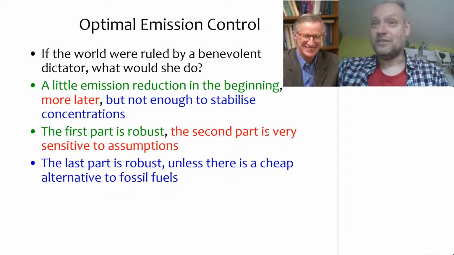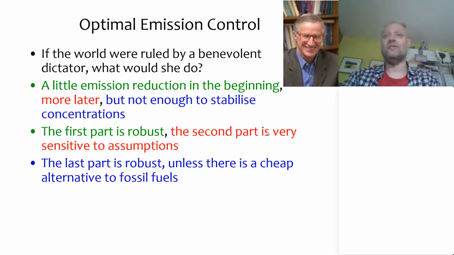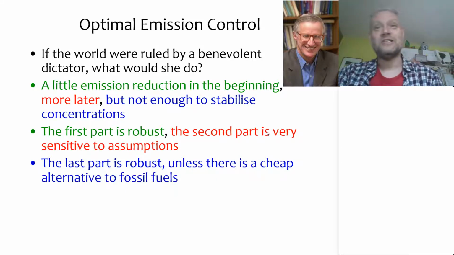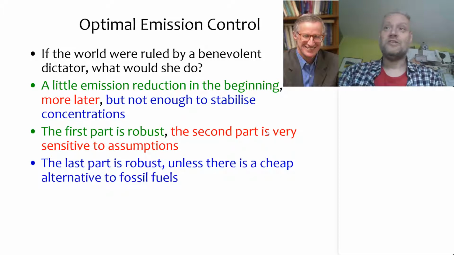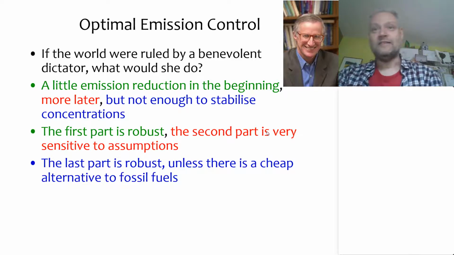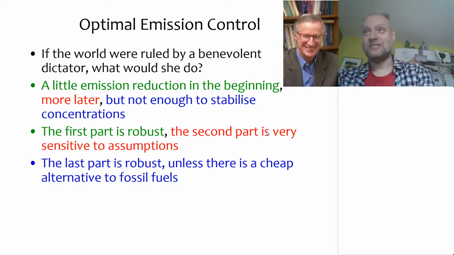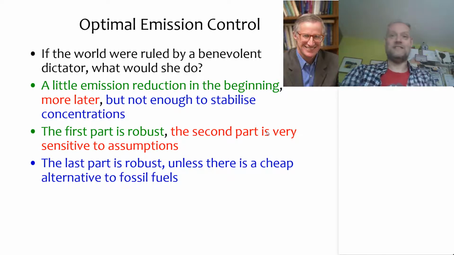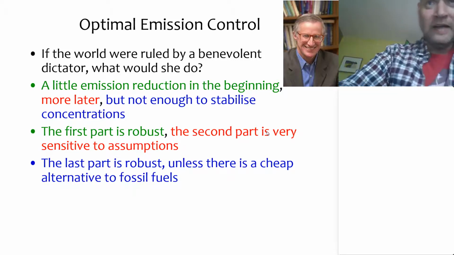If you have a different representation of the carbon cycle, or a different representation of climate change or its impacts, you want to accelerate faster or slower than what Nordhaus did. So it is robust in the sign, more later, but not at all robust in how fast that pace is.